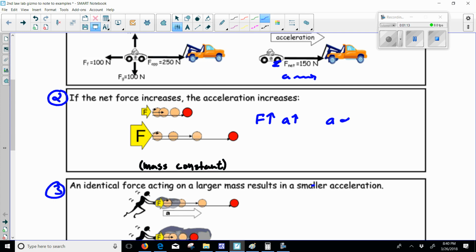And I can write down the symbol. It's like a fish symbol, the proportional symbol. So the acceleration is directly proportional to the overall net force acting on it. Remember, this symbol means directly proportional. So as one increases, the other increases in this case.